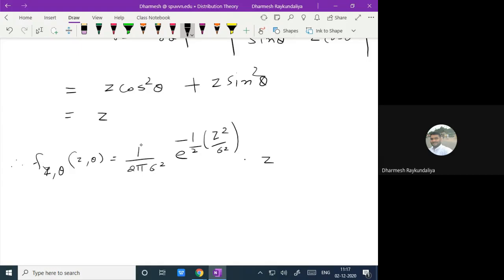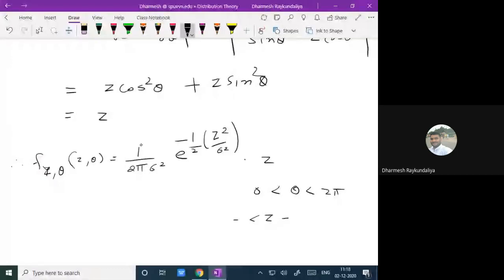Here it is given that theta lies between 0 to 2 pi. And z lies between minus infinity to infinity.